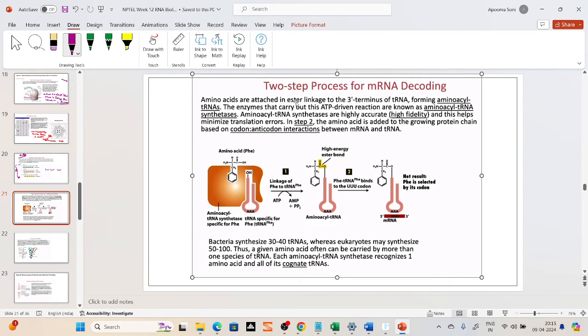This is how the two-step process of mRNA decoding happens. First, tRNA is charged by the addition of the amino acid, and then in step 2, that tRNA is added to the growing chain by codon-anticodon interaction. Is it clear?